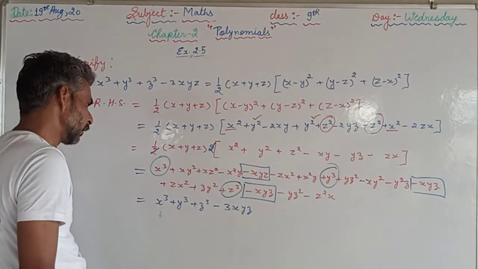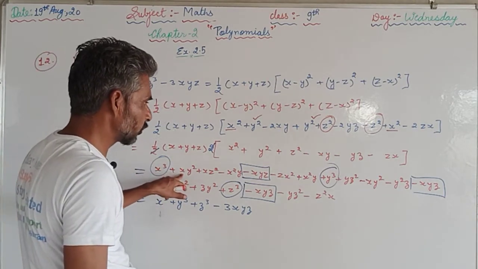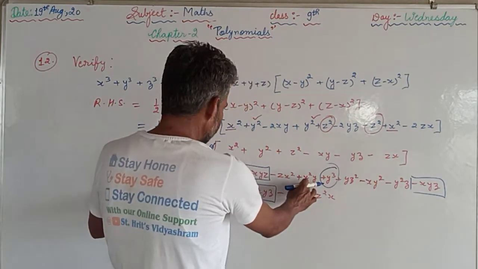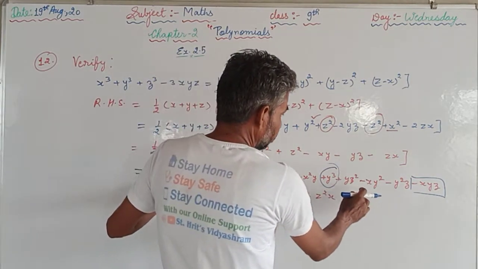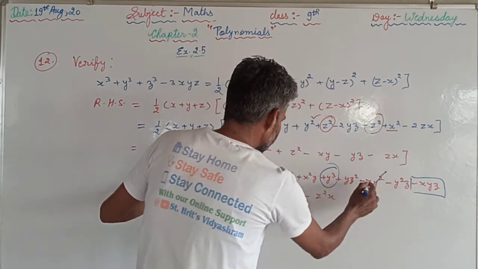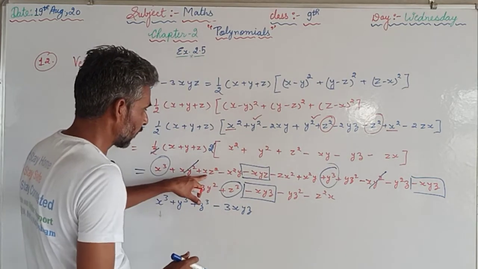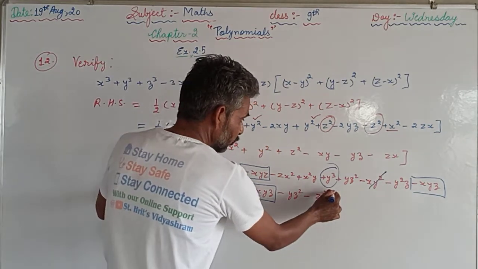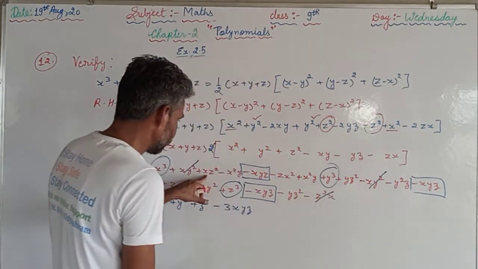In the remaining, xy square plus xy square minus xy square cancel out, xz square and z square x cancel out.